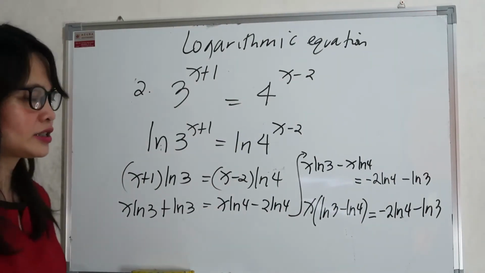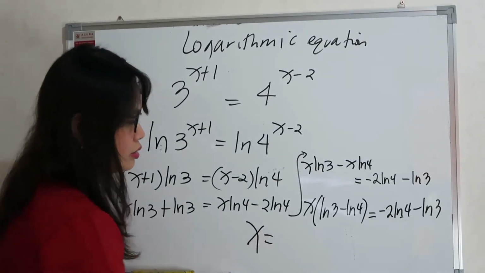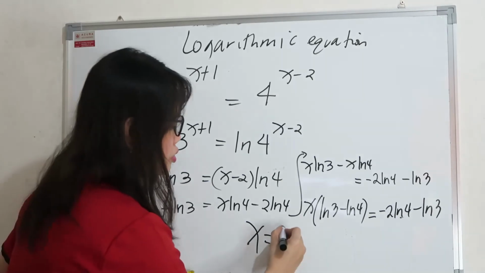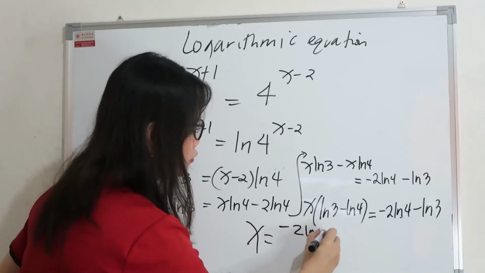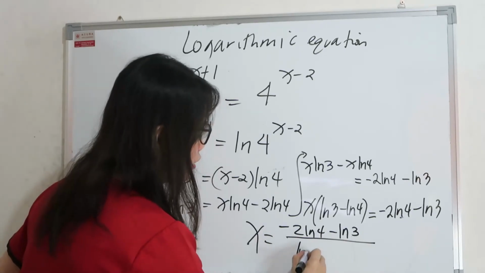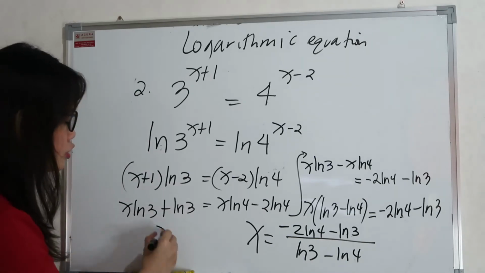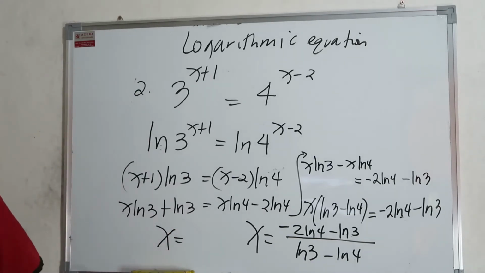How do we solve for x? Divide both sides by ln 3 minus ln 4. So we have x equals negative 2 ln of 4 minus ln of 3 over ln of 3 minus ln of 4. Using your calculator, what's the answer?